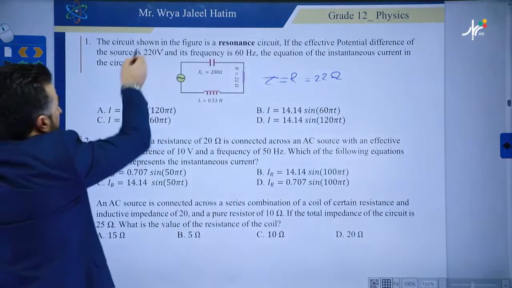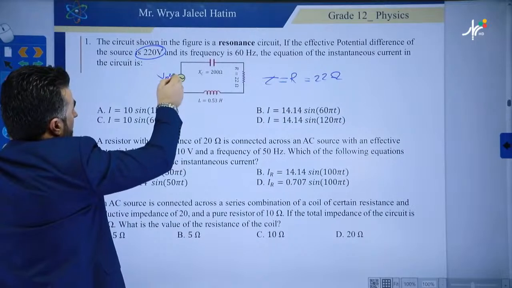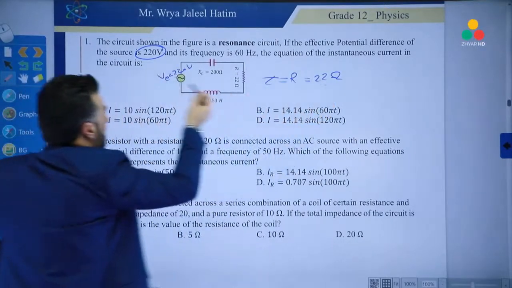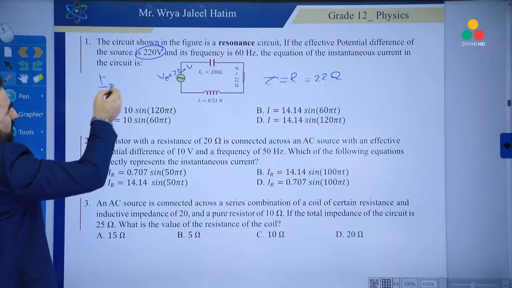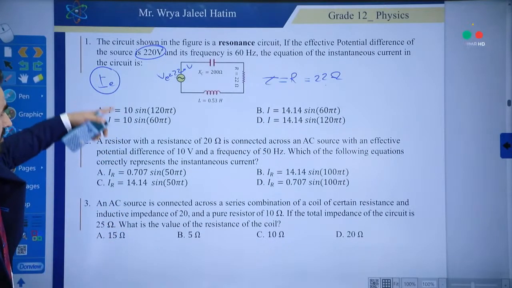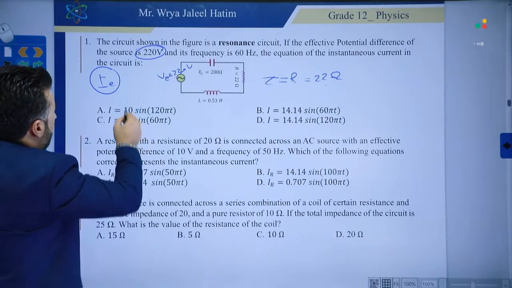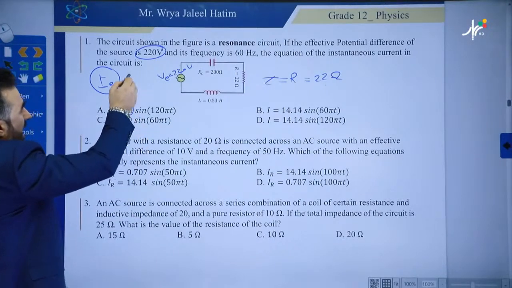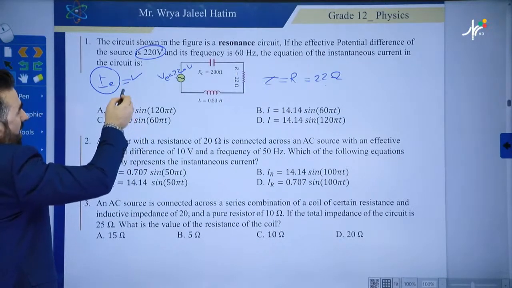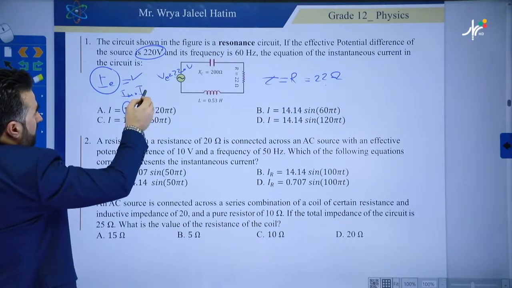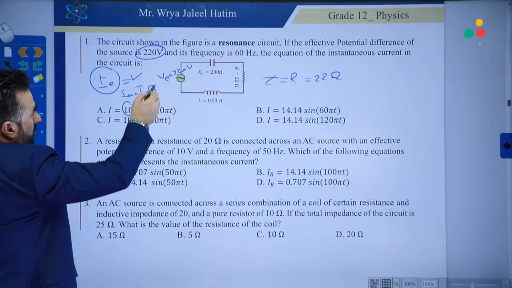You have the voltage of the source, or V effective, that is 220 volts. You have R, so you can find I effective. But don't forget, guys, these equations that you see here are I maximum, not I effective. So once you find I effective, you'll have to find I maximum using I effective times the square root of 2.